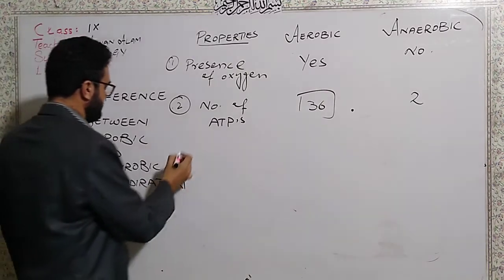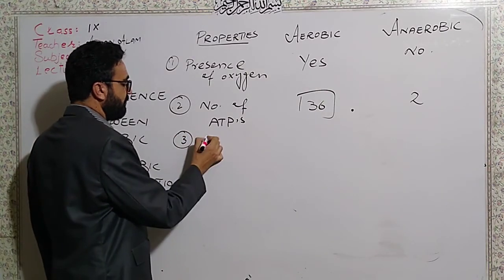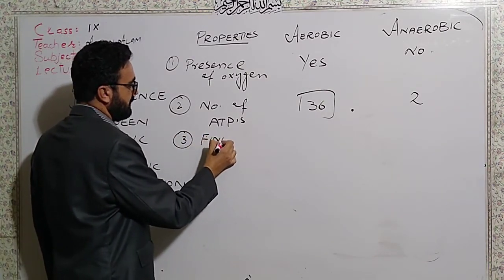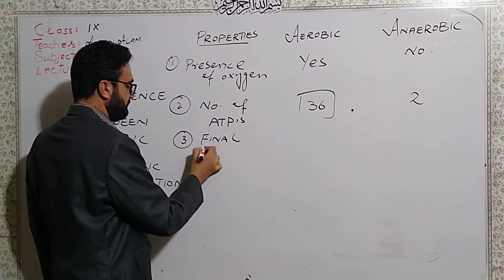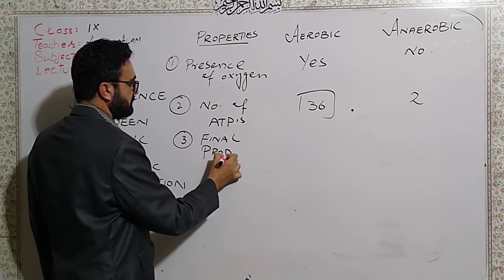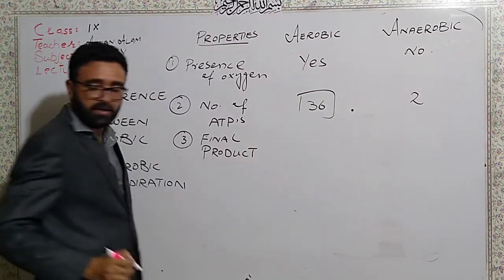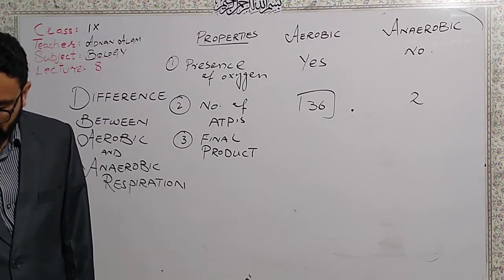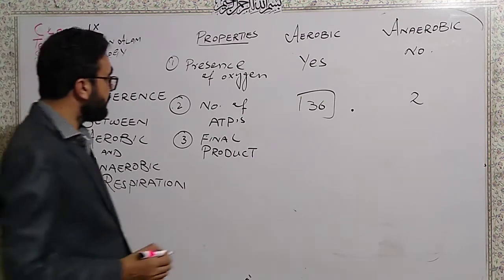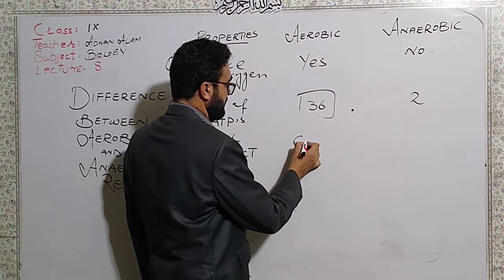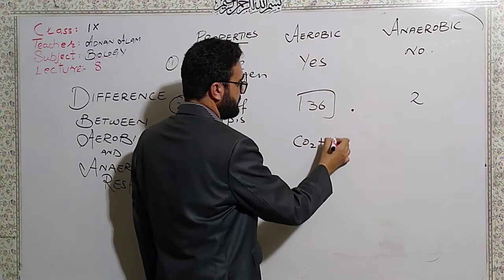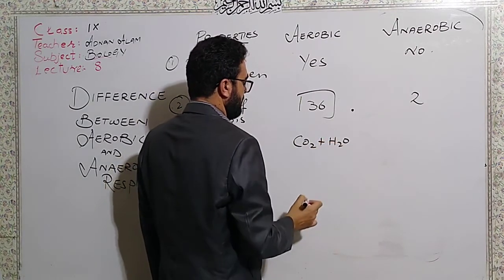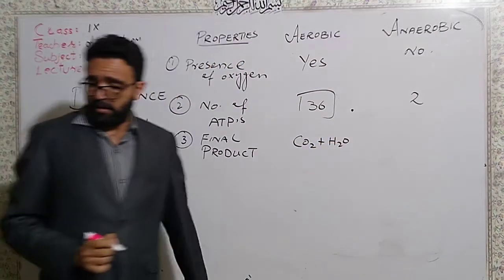Now come to the final product. The final product of aerobic respiration is carbon dioxide and water.